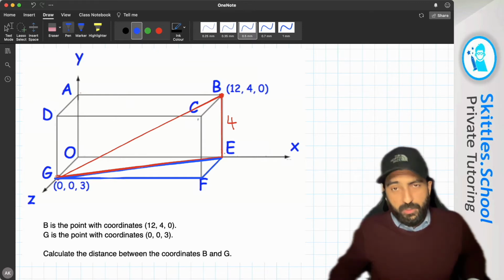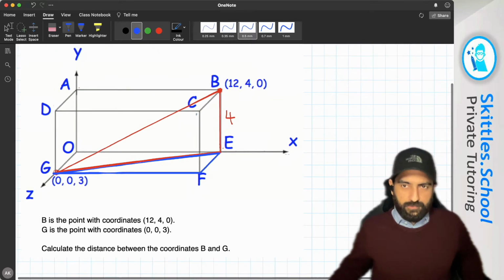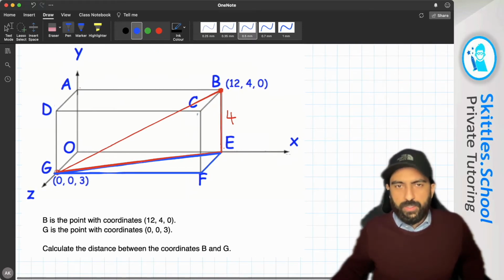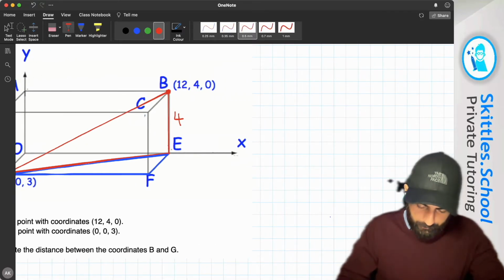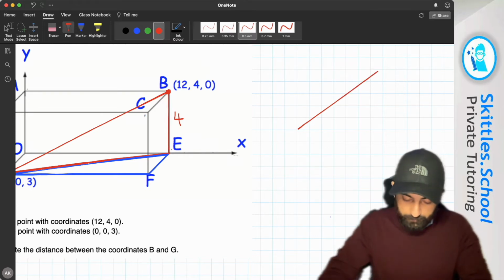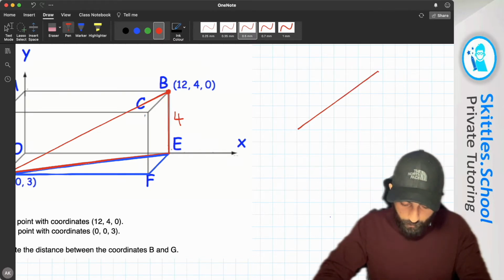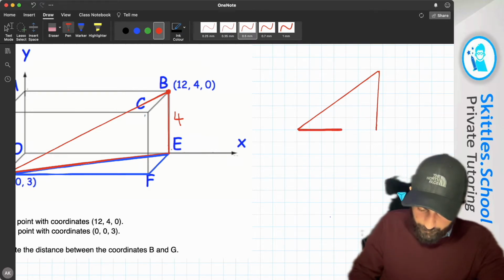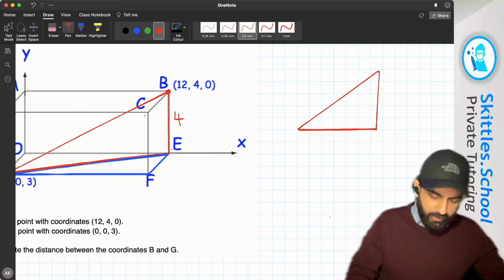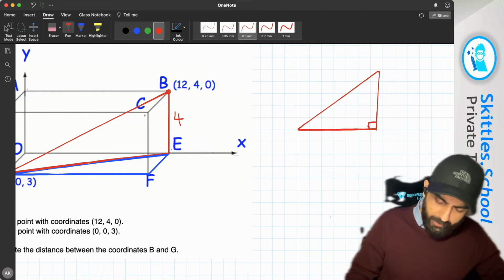Okay, so what I'm going to do is draw a representation of this, just to make it a little easier. So the red triangle is something like this. And that's the right angle there.